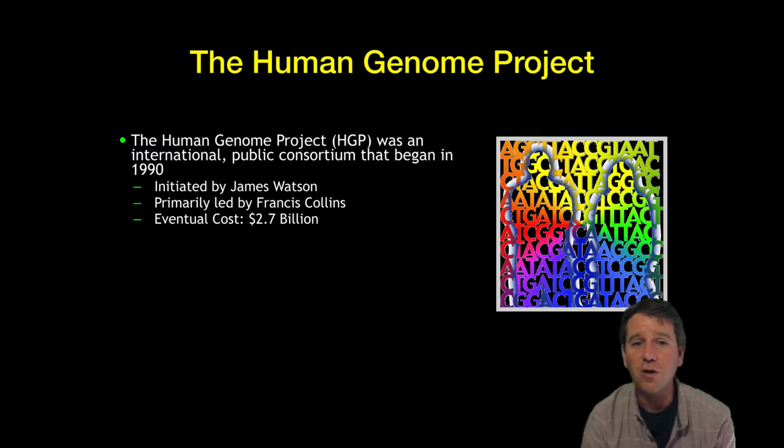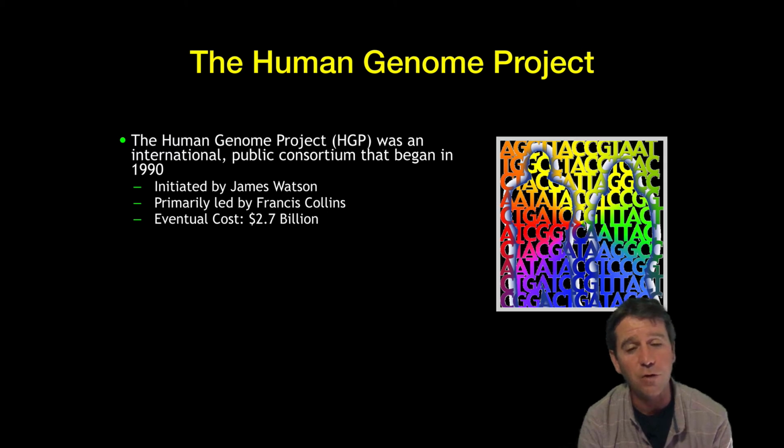Now, the eventual cost for what was originally slated to be a 15-year project was $2.7 billion, so about the price of one of those nice shiny new nuclear aircraft carriers out there in San Diego Bay, for example.